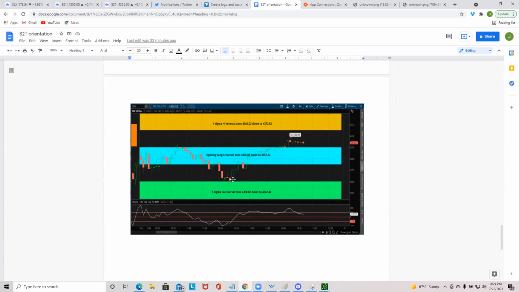Price comes to a zone, and those zones are identified here, and we also provide updates throughout the day regarding this. There's a lot of different ways to trade the algos.